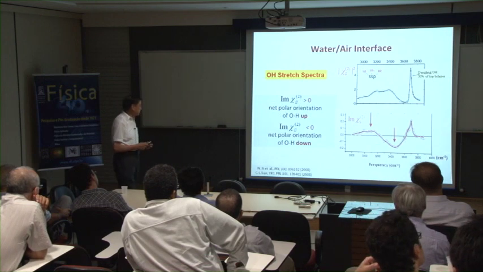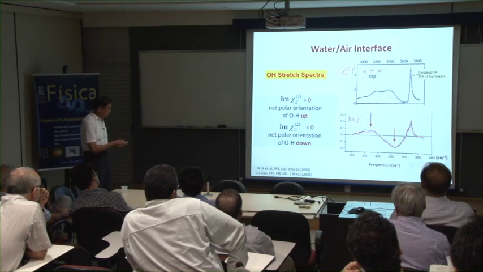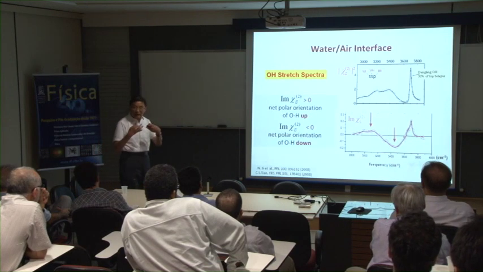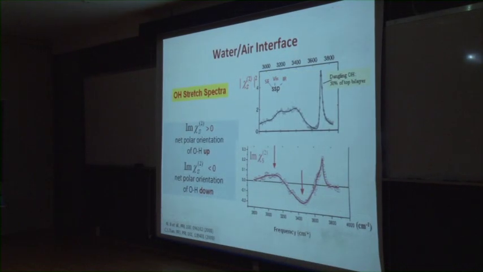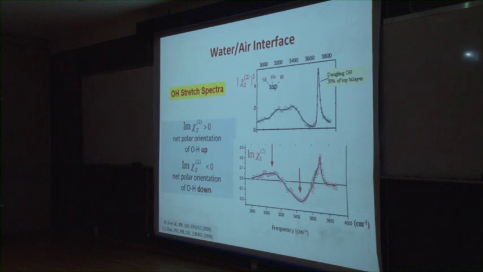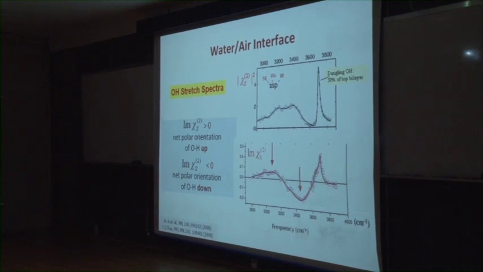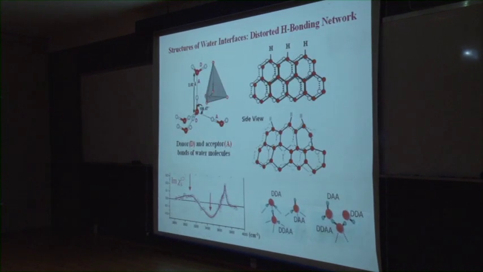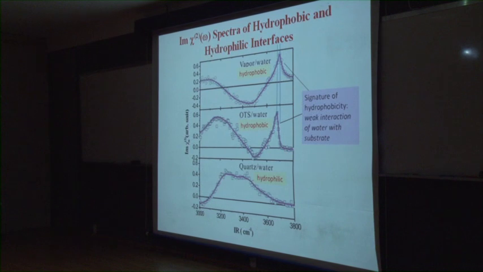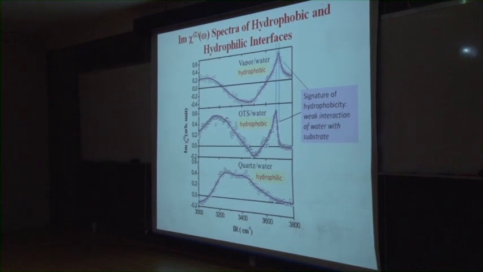Knowing the structure, you can really understand how the interface structure could change when you perturb it in a certain way, or it interacts with something. So this is just an explanation of how I understand the spectrum. Here I just want to show you one interesting case.